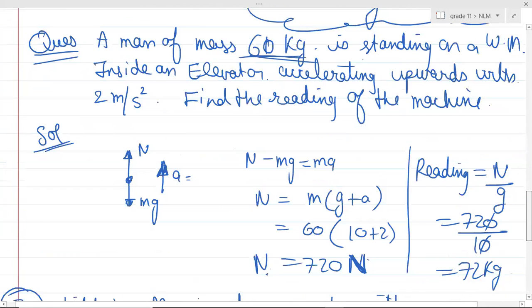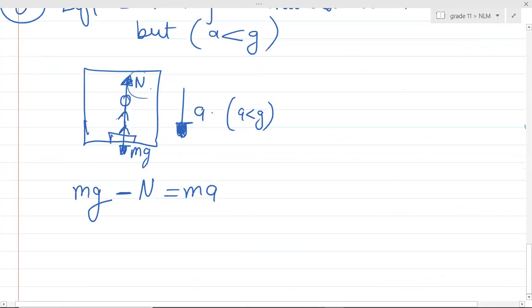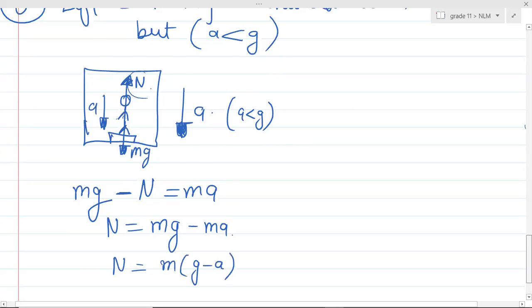If the acceleration of the lift is downward, that implies the man is also accelerating downwards with the same acceleration a. So can you see mg should be bigger for this man to accelerate downwards, yes? So we wrote the equation: mg minus N equals ma. So N will be equal to m into (g minus a).